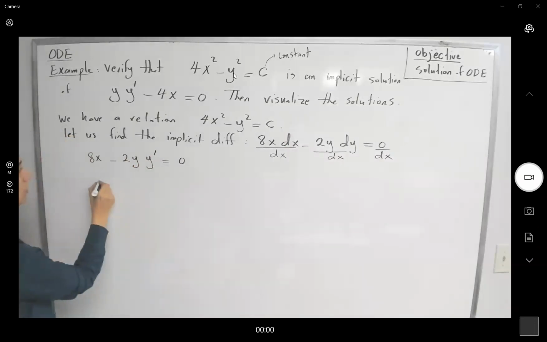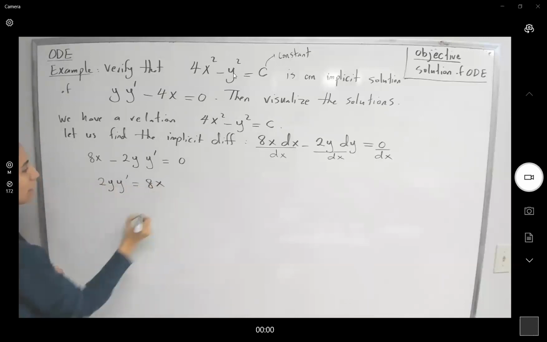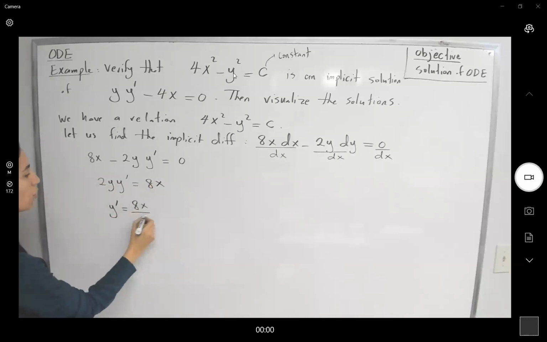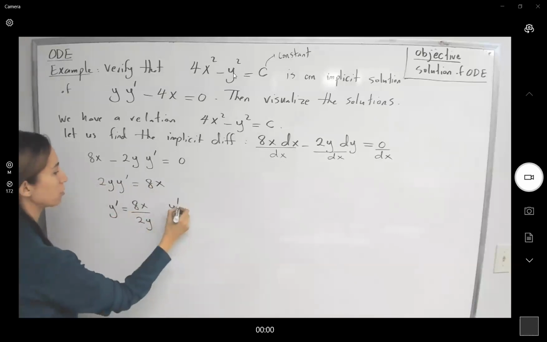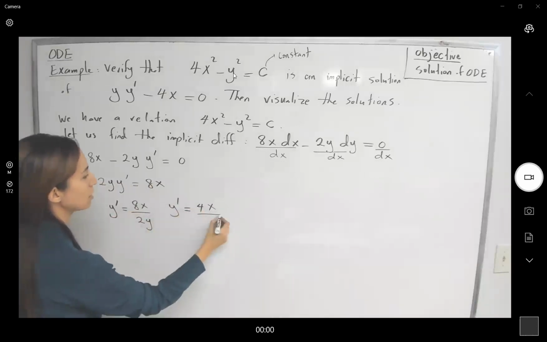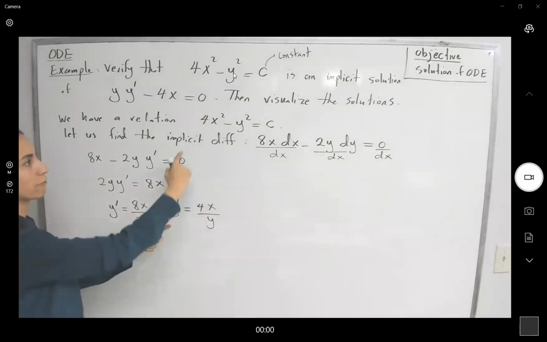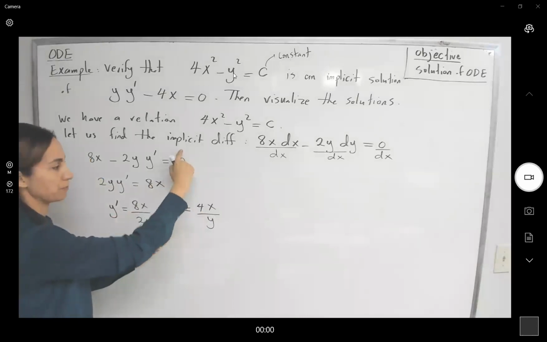So 2y y prime is equal to 8x, or y prime is equal to 8x over 2y, or y prime is equal to 4x divided by y. Okay, well, this is what I got from the implicit differentiation.